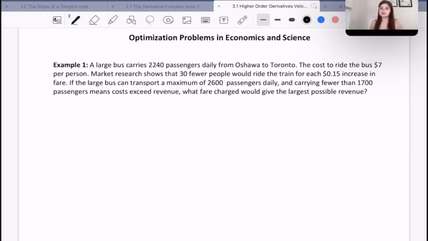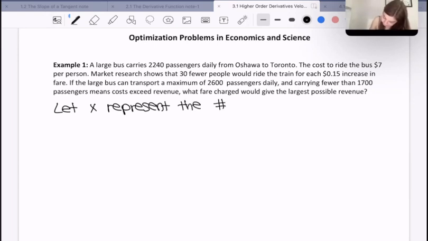Okay, so first things first for this type of question, let x represent the number of price increases.